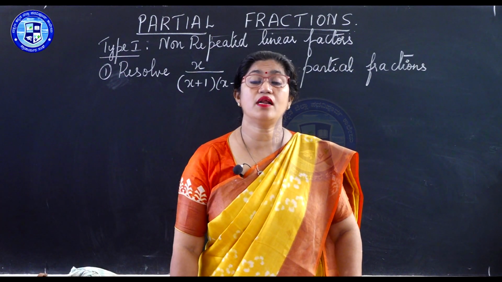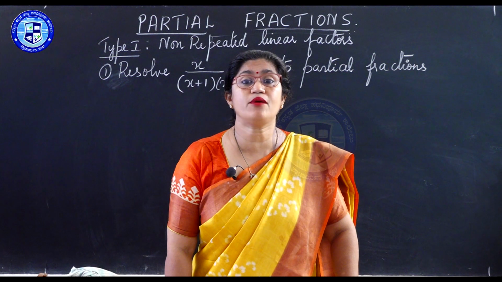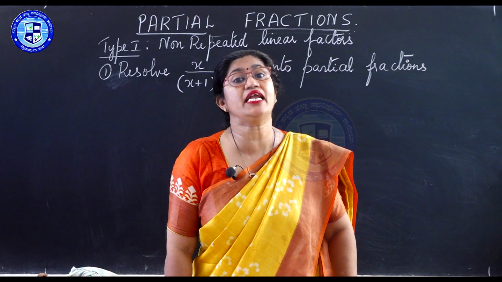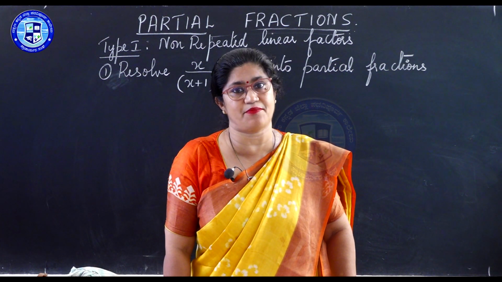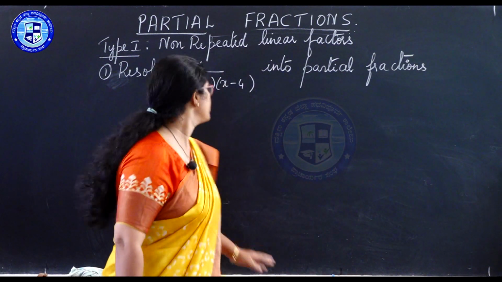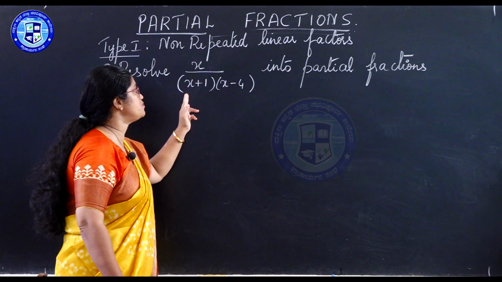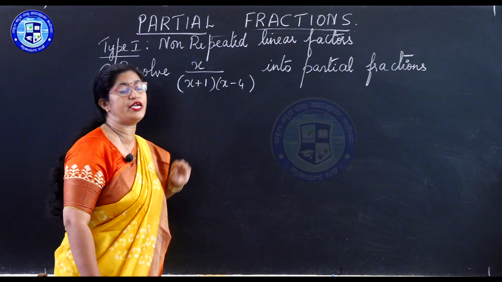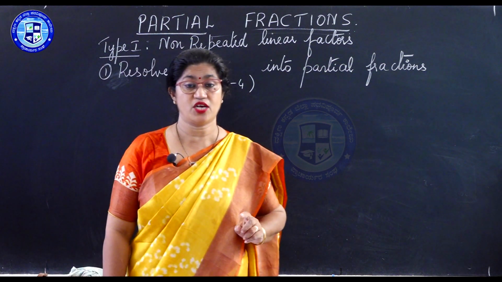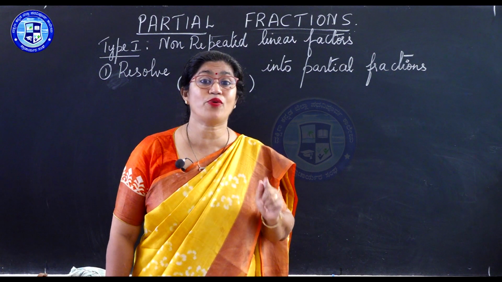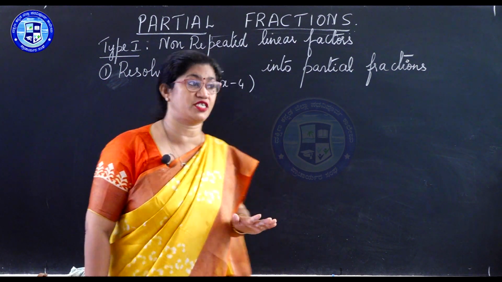We shall now learn how to work out type 1 problems. I will explain directly with the help of an example. So see the sum, resolve x by x plus 1 into x minus 4 into partial fractions. First thing is check whether it is a proper fraction.